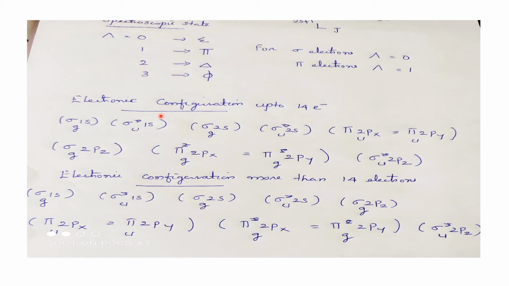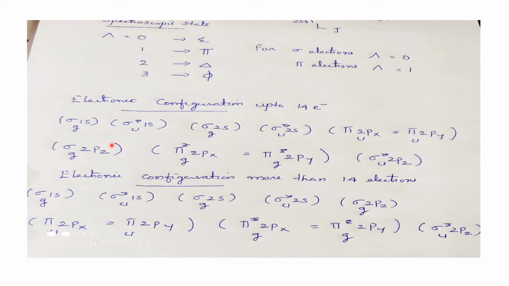Before going to the term symbol, you should know how to write the electronic configuration of molecules. Electronic configuration of molecules up to 14 electrons is different from those with more than 14 electrons. First is the electronic configuration up to 14 electrons.